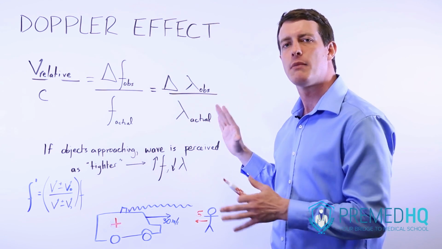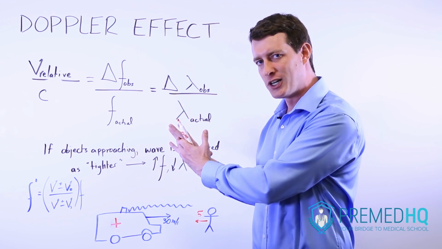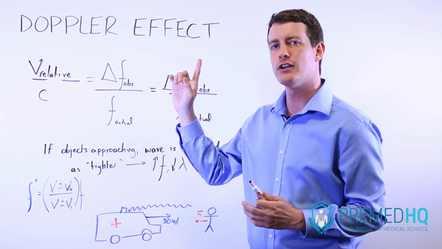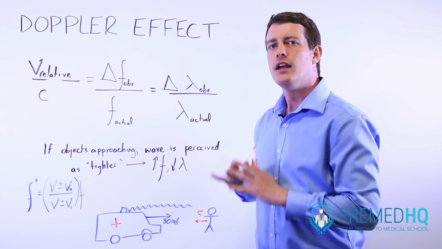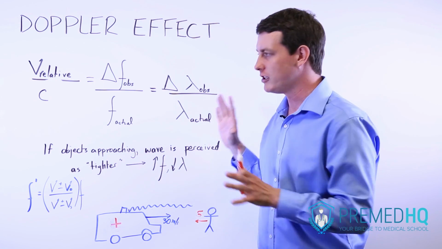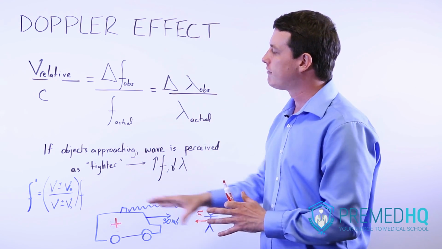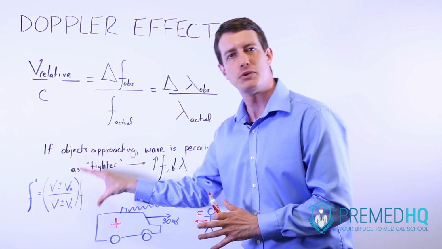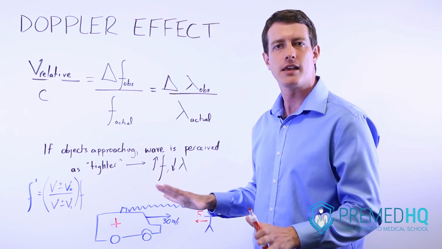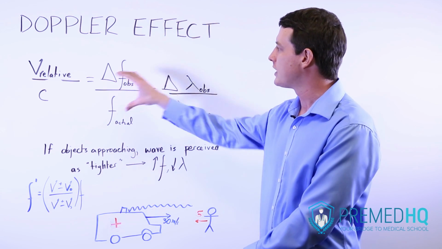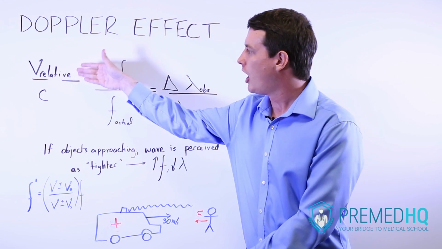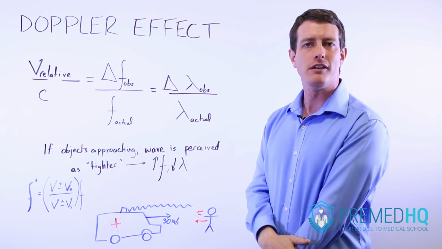And then as long as you remember that if the sources are approaching each other, the frequency seems greater and the wavelength seems smaller, then you'll be good to go with any Doppler equation that you'll encounter on the MCAT. Even if it doesn't cover as many examples as this, it will cover anything MCAT relevant if you just understand it this way, as the objects adding to the speed of the wave.